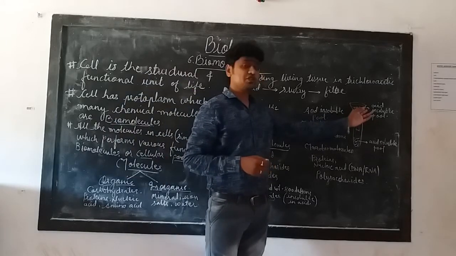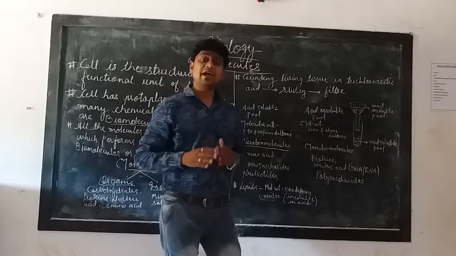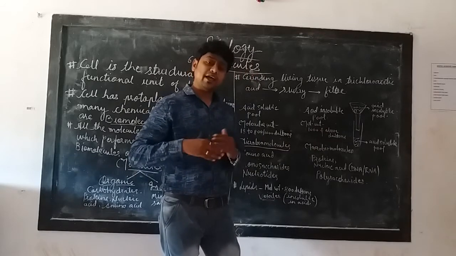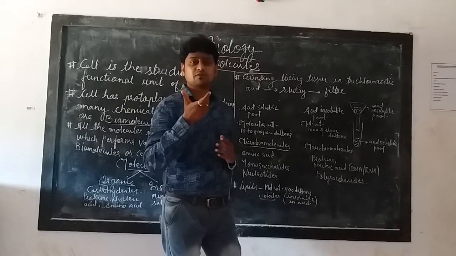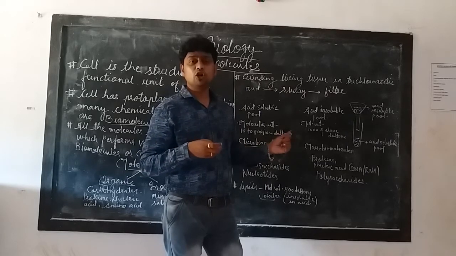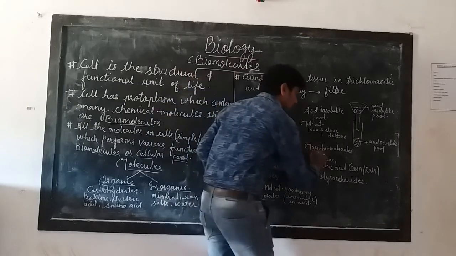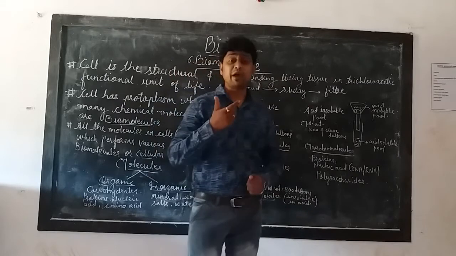The molecules which remain in the acid insoluble pool have a molecular weight of 1000 daltons and above. The molecular weight is large, and that is why we call these molecules macro biomolecules. Macro means large.